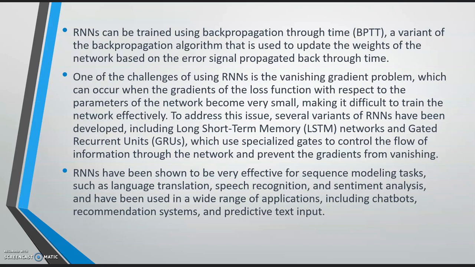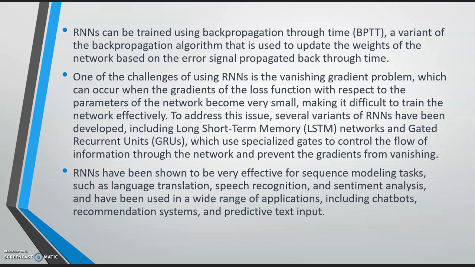One of the challenges of using RNN is the vanishing gradient problem, which can occur when the gradient of the loss function with respect to the parameters of the network becomes very small, making it difficult to train the network effectively. To address this issue, several variants of RNN have been developed, including long short-term memory networks and gated recurrent units, which use specialized gates to control the flow of information through the neural network and prevent the gradients from vanishing.